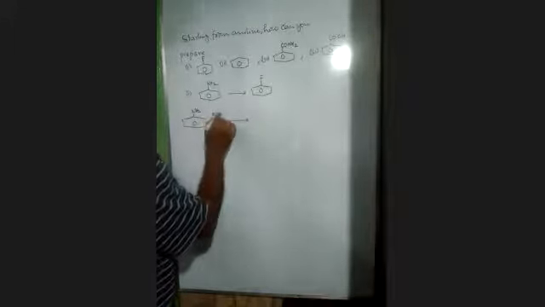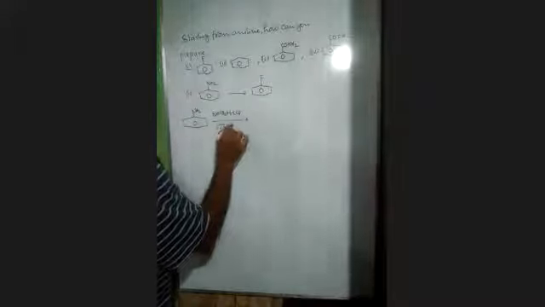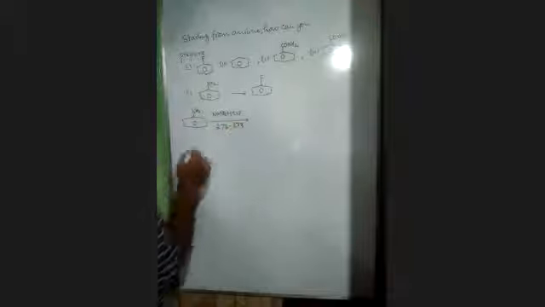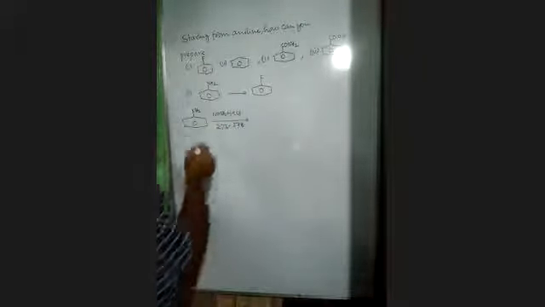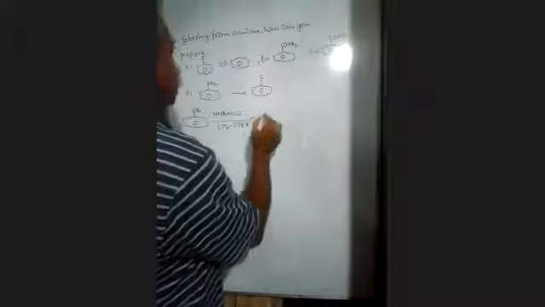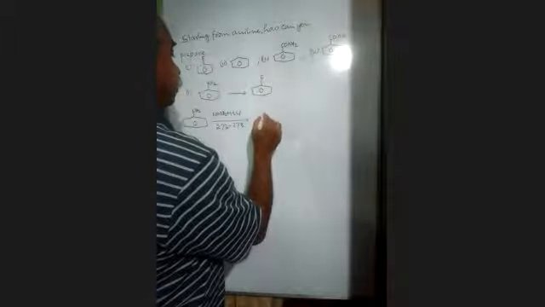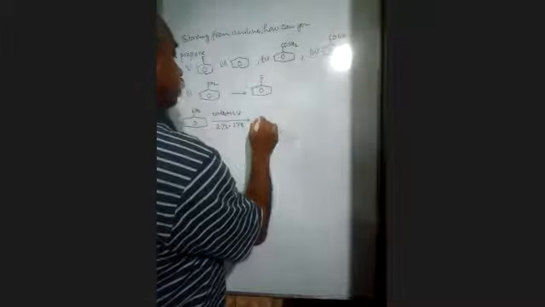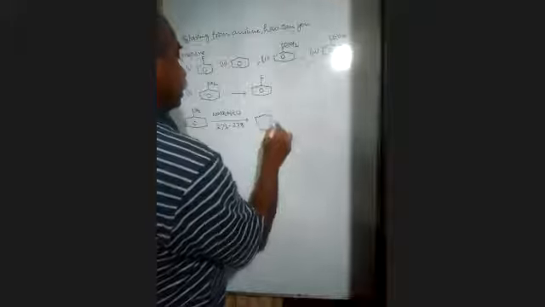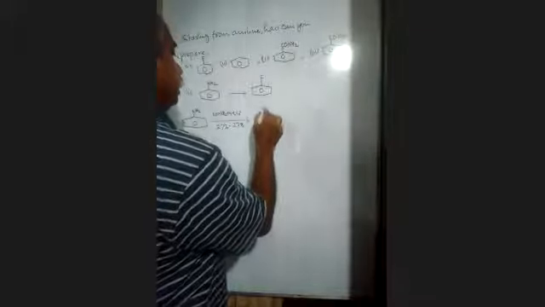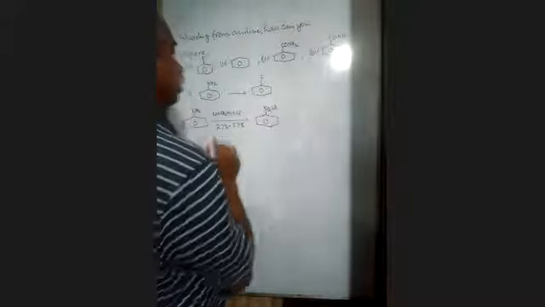We'll write now here sodium nitrite, HCl, 273 to 278 K. All right. Then we'll get here benzene diazonium chloride.